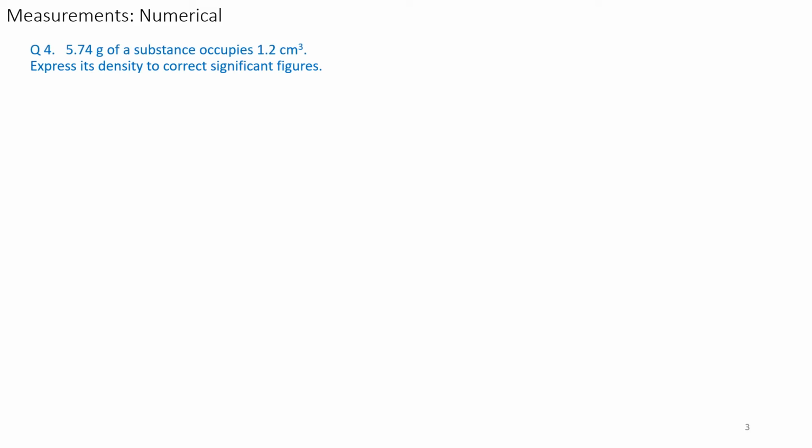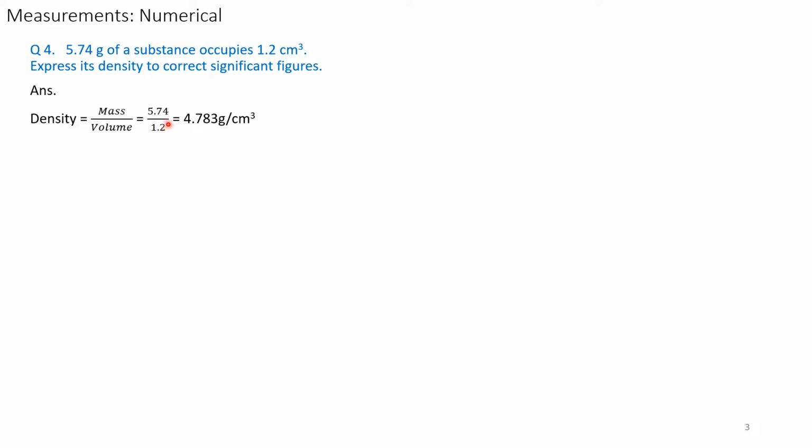Question number 4. 5.74 grams of a substance occupies 1.2 centimeter cube. Express its density to correct significant figures. Answer. We know density is equal to mass over volume. So mass is given as 5.74 grams and volume is given as 1.2 centimeter cube.